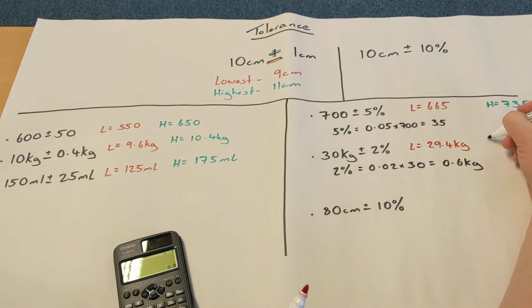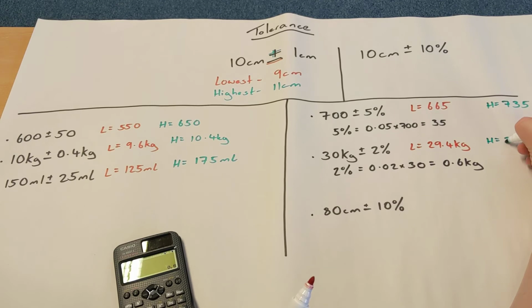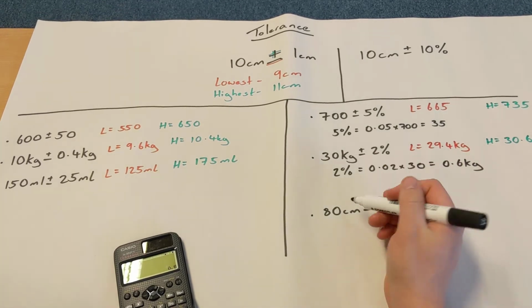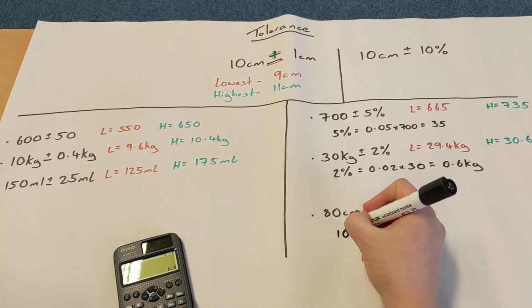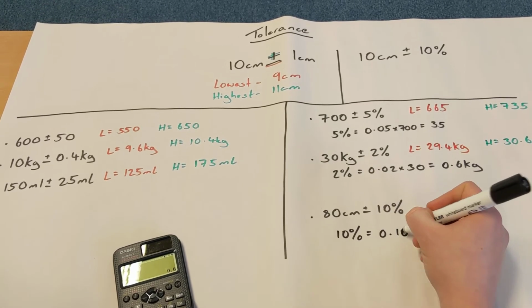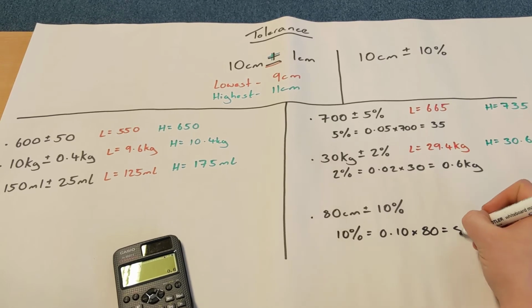And the highest then, well, that's going to be 30 plus this, so 30.6 kilograms. And then this last one, 10% of that, well, that equals 0.10 times by 80, which equals 8 centimetres.